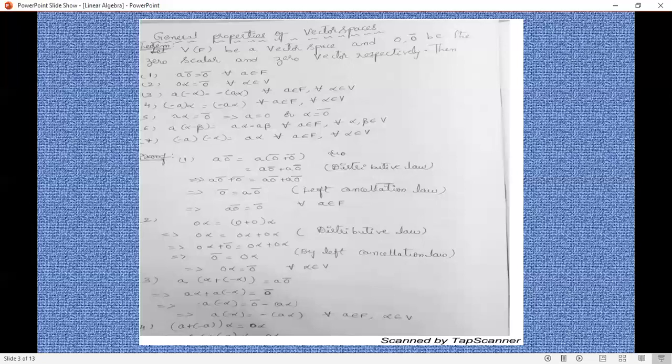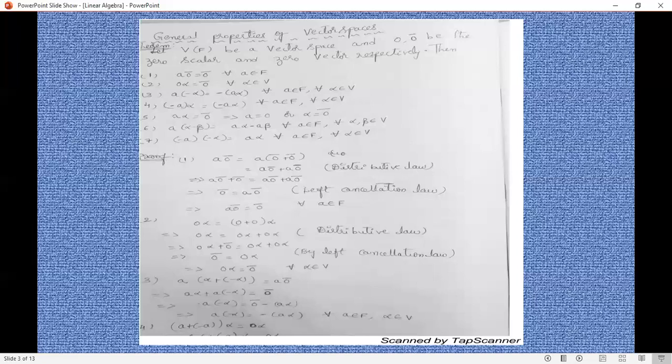Next, what we have to prove? 0·alpha = 0 bar for all alpha belongs to V. Now we are considering 0·alpha. Since 0 is the identity element in F, 0 = 0 plus 0, so 0·alpha = (0 plus 0)·alpha = 0 alpha plus 0 alpha, since distributive laws hold.